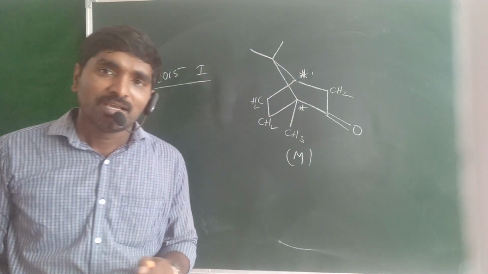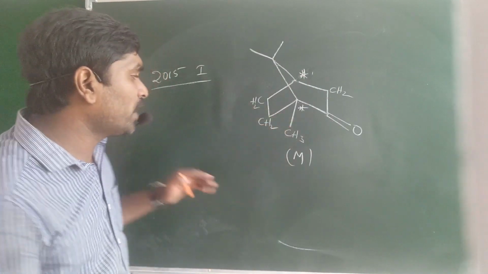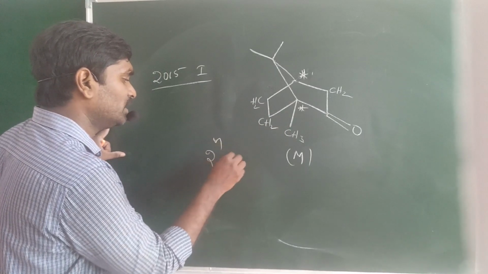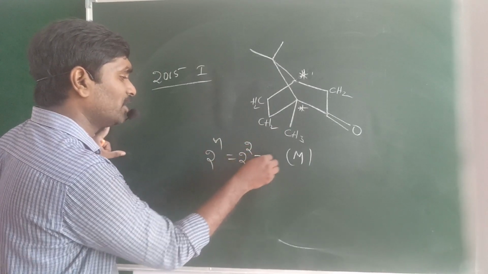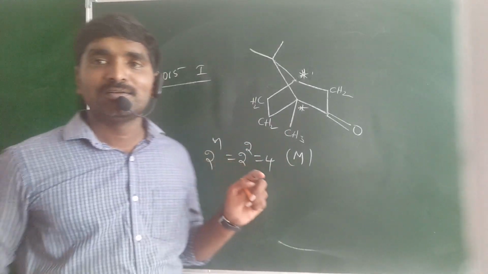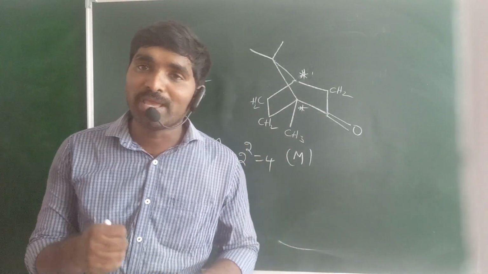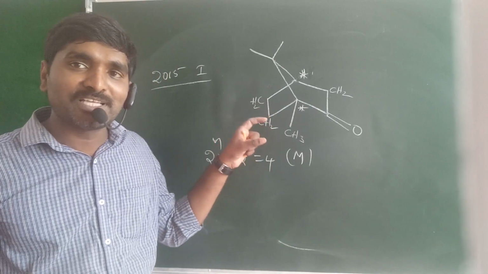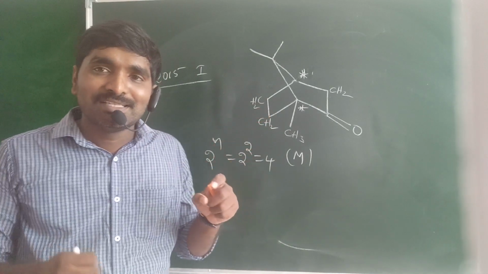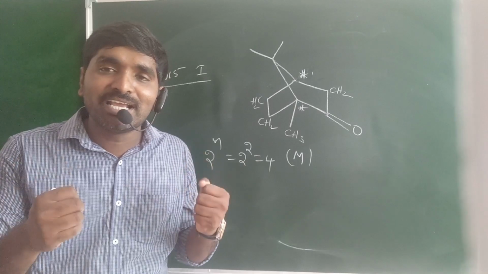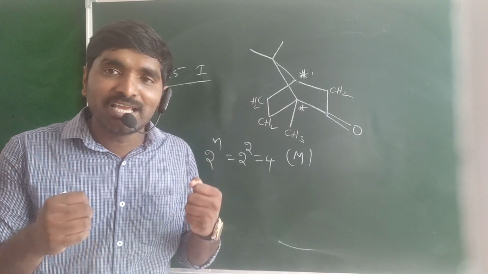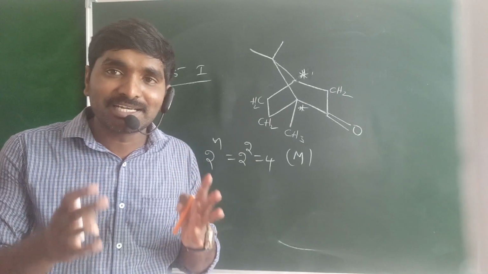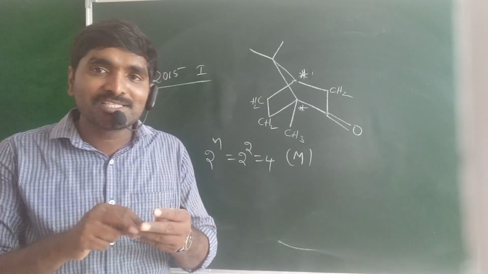Okay. So when you have two chiral centers, the total number of stereoisomers is 2 power n, that is 2 power 2, which is 4. But that is wrong. Why? Because it is a bridged molecule. The chiral center which is present on the bridge means the molecule is sterically hindered and rotation is restricted. The molecule does not easily rotate.